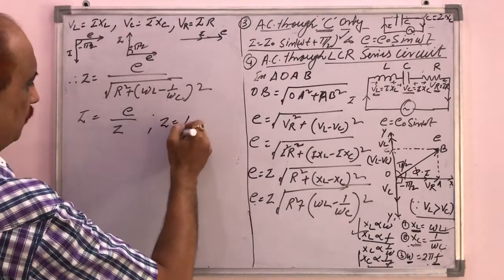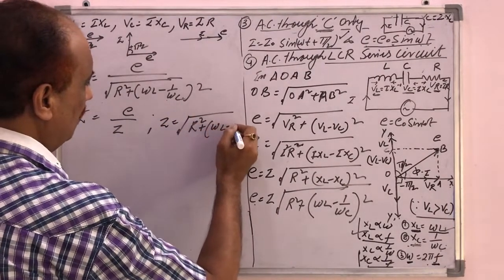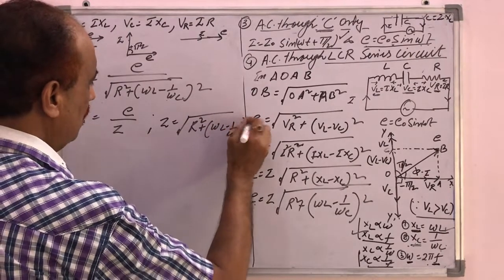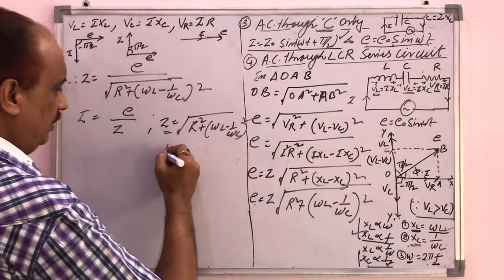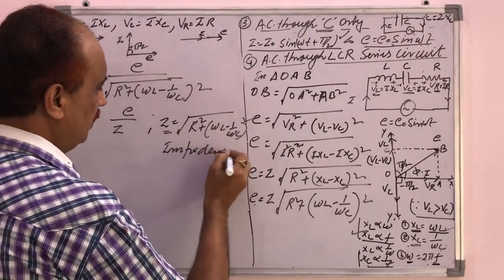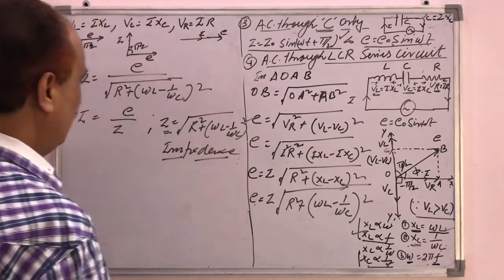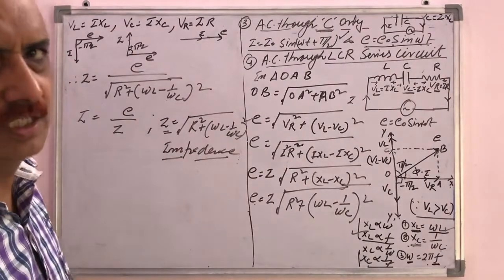So this is the value of Z, equal to the square root of R square plus (omega L minus 1 upon omega C) whole square. Z is the impedance of the LCR series circuit. Impedance, again, is just like the effective resistance.